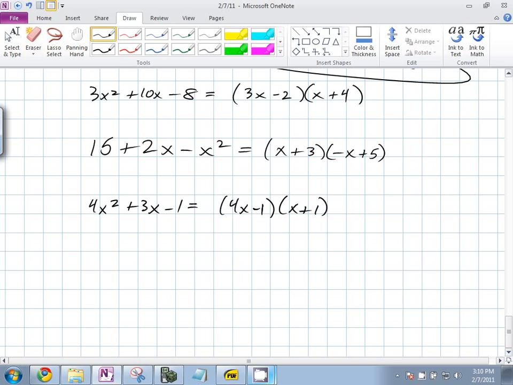4y squared minus 16y plus 15. David, got a guess?